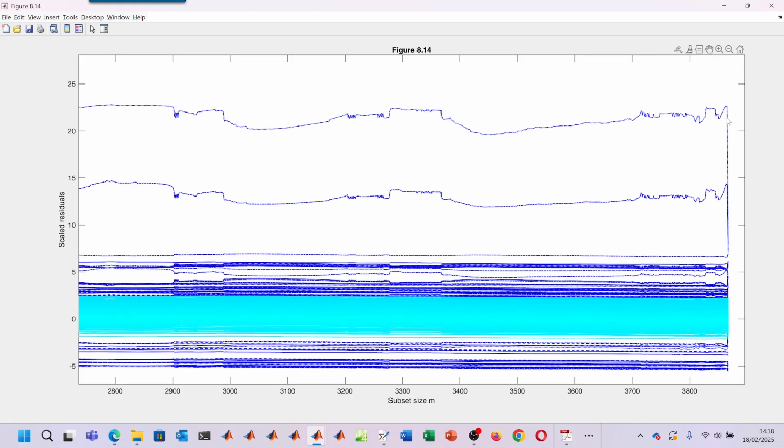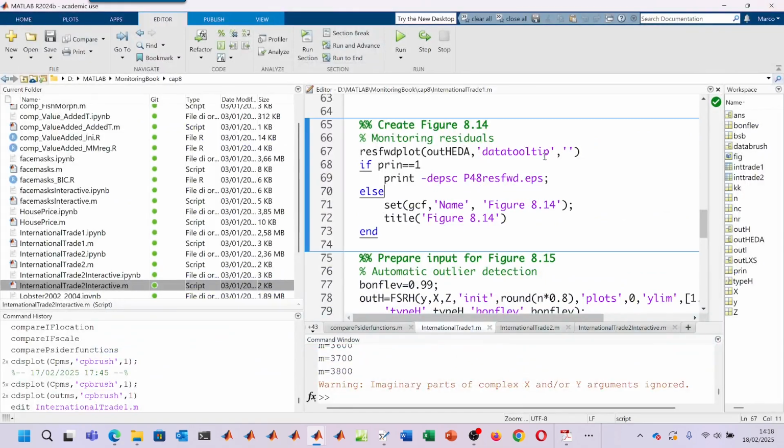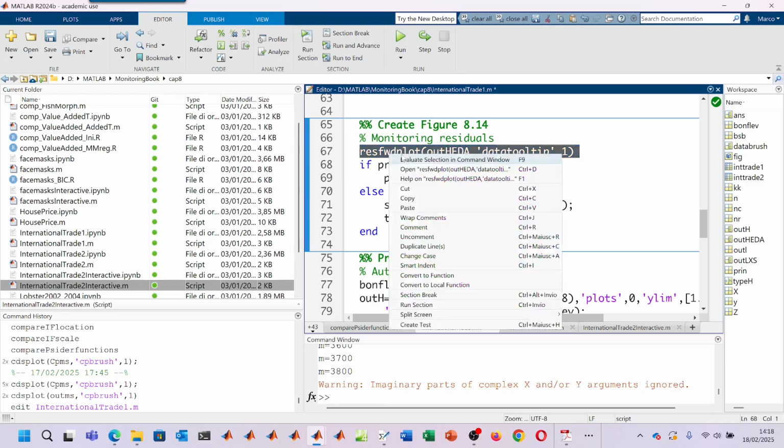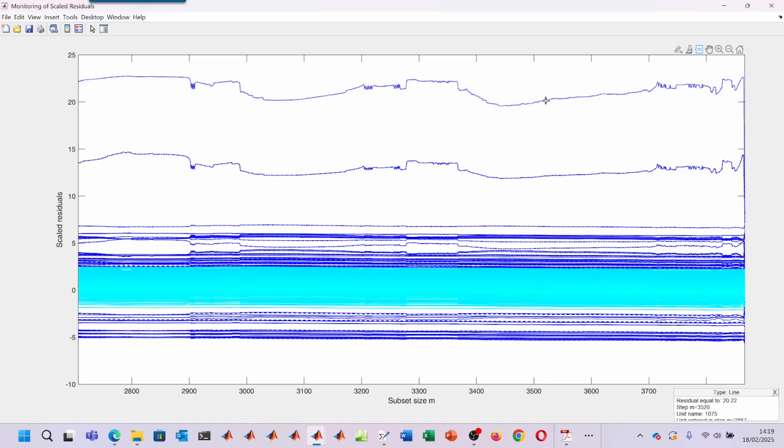Here you can see the effect of the introduction of the last two units. And if you want to have additional information about this trajectory, there is an option which is data tooltip that enables you to have information about a particular unit, when it entered the search and the unit name. Finally, we can see a group of units with large constant negative residuals in the bottom part of the plot.